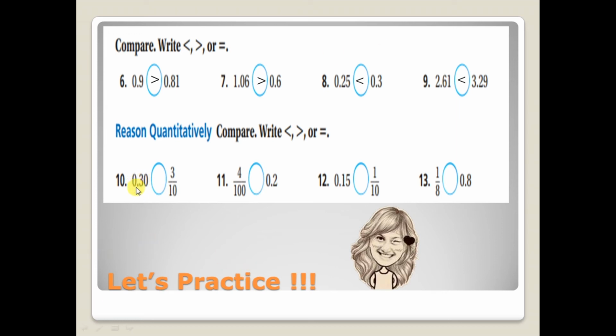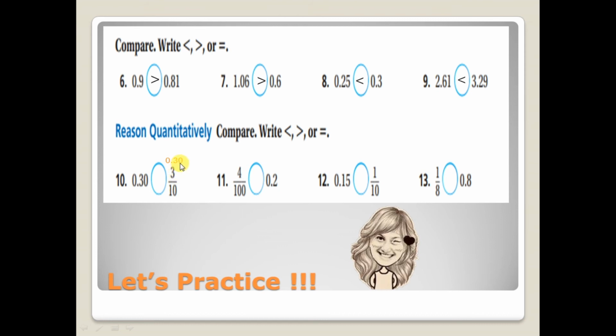I prefer to convert the fraction into a decimal. This is 3/10, which means 3 in the 10th place after the decimal point. So how do I write it as a decimal? I will write it 0.3. And because we have nothing in the hundredths place, I put here 0.